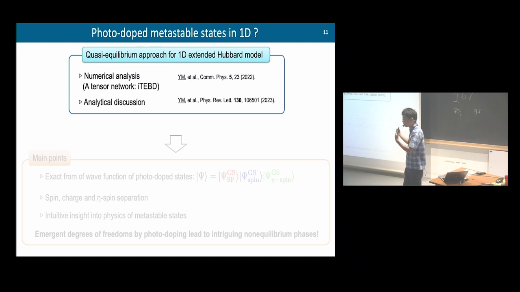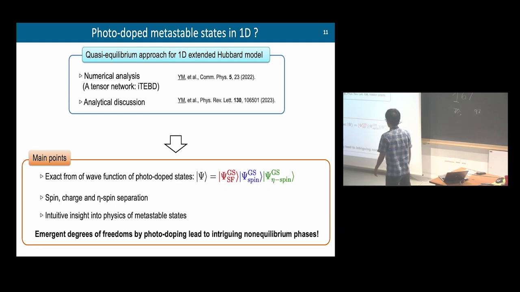Now we want to go beyond this extreme doping case to a wide range of doping levels and see what happens to the photodoped system. To this end, we focus on the one-dimensional system, and we analyze this effective model using numerical techniques based on tensor networks and also analytical discussions.